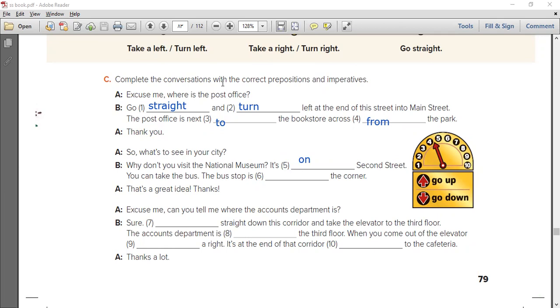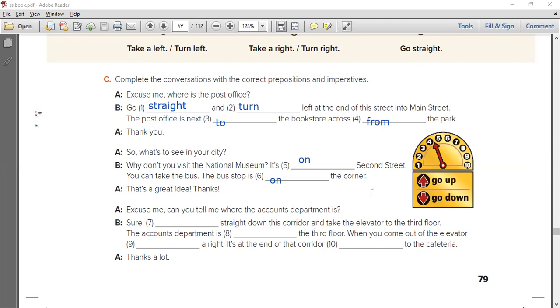Very good. And then we have, you can take the bus. The bus stop is the corner. What do you think? Yes, Anhal, again. The bus stop is on the corner. Very good. Excellent. On the corner. And then, excuse me, can you tell me where the accounts department is?